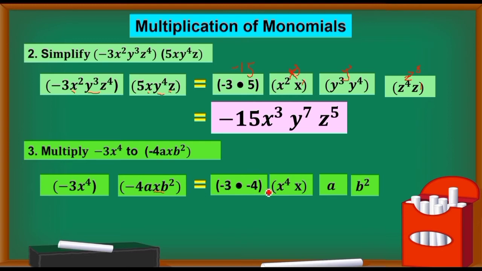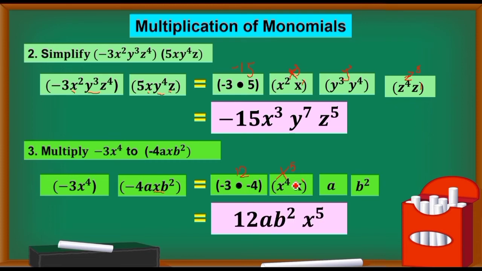So, magiging negative 3 times negative 4 ay positive 12. And then, x raised to, ilan na? That is 5, kasi po, 4 plus 1. So, ang magiging sagot natin ay positive 12ab squared x raised to 5. Ma'am, bakit po nauna yung x?